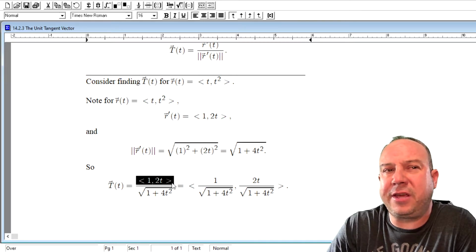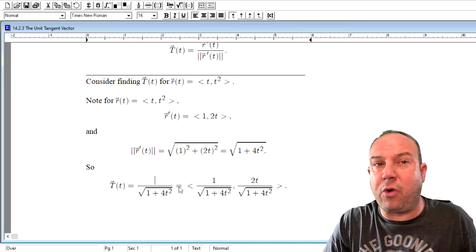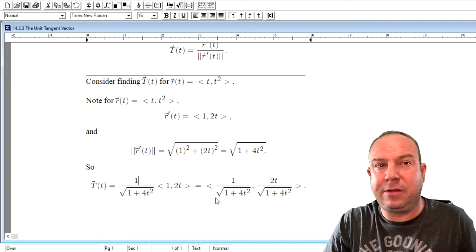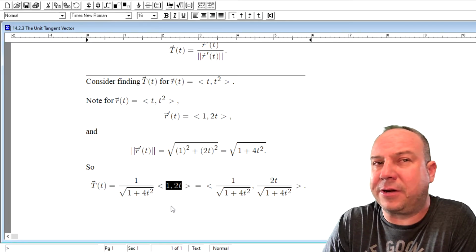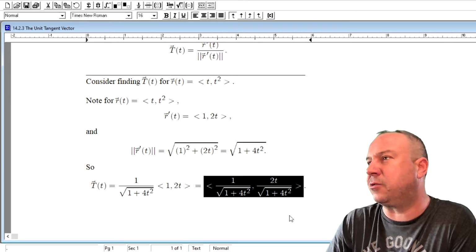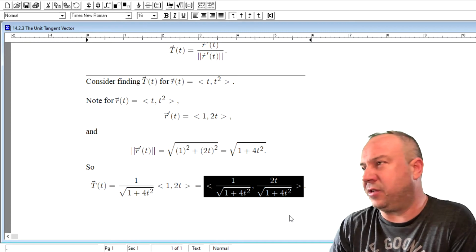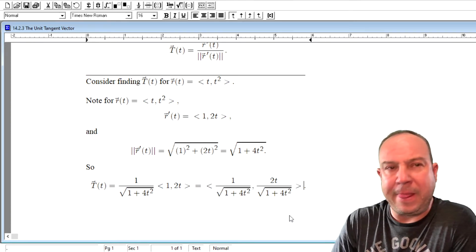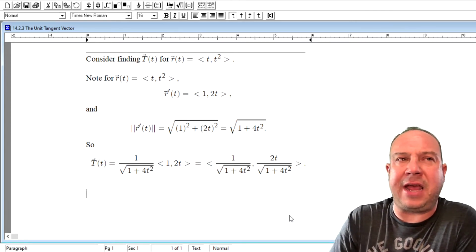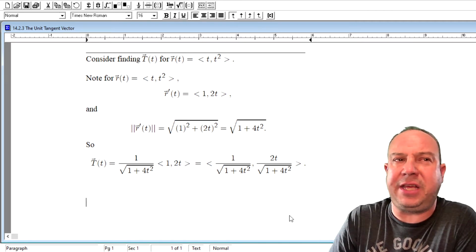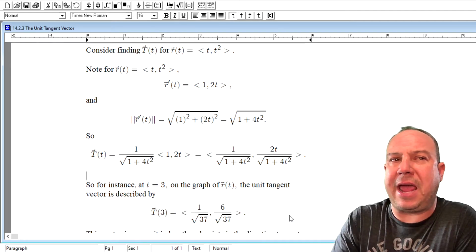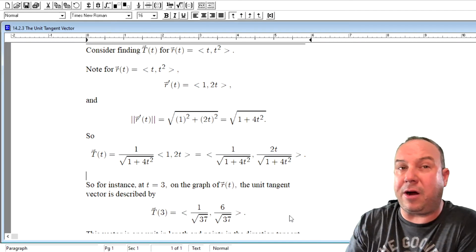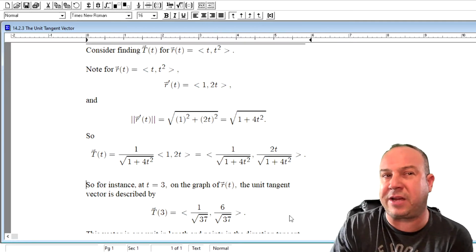We could actually think of that this way, a scalar multiple of this vector, where I can distribute that across the components and come up with this description of my unit tangent vector with respect to t. Where now what I can do is, at any point along the curve r bar of t, plug that value of t into T bar and get a description of our unit tangent vector.